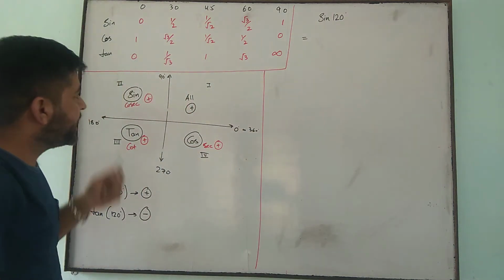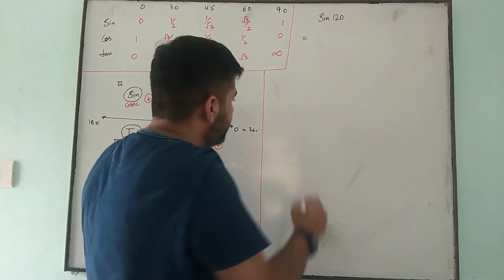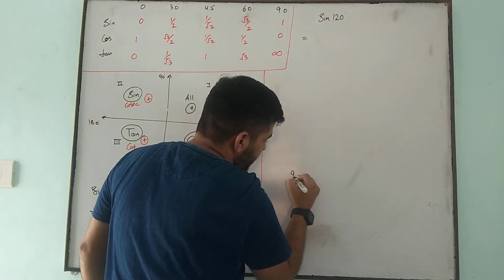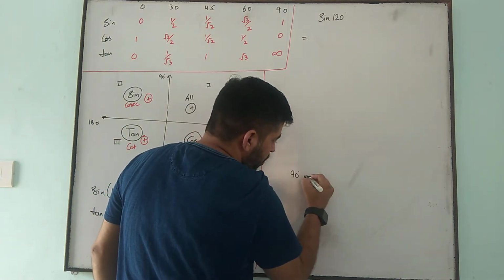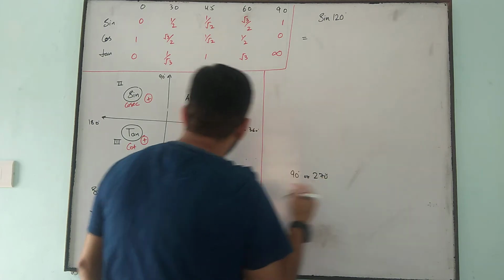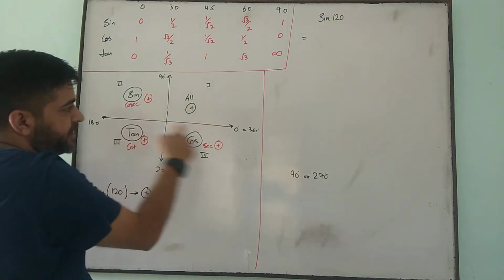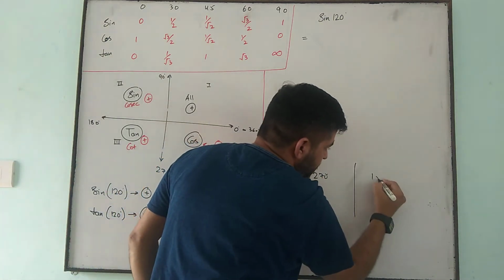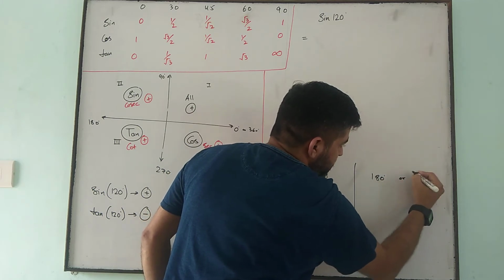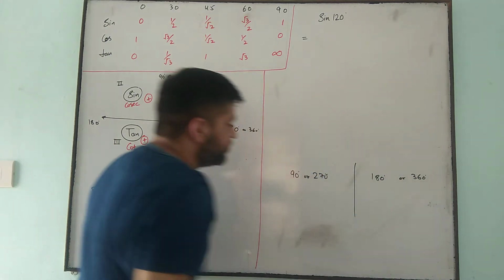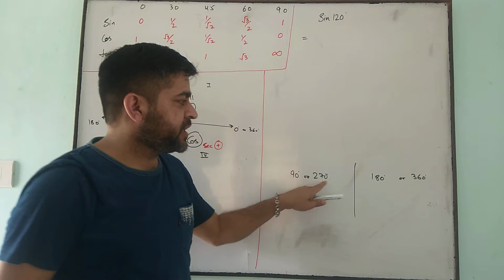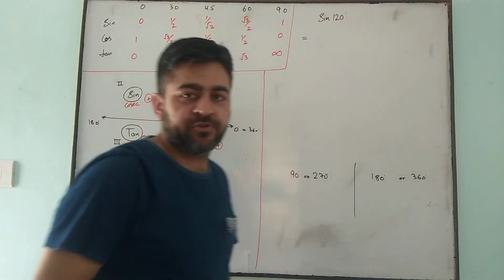You have to break this angle into 90, 270, 180 or 360. So we have two concepts here. Either we are breaking it with 90 or 270, or we are breaking it with 180 or 360.